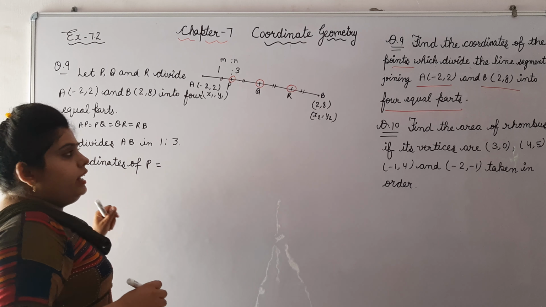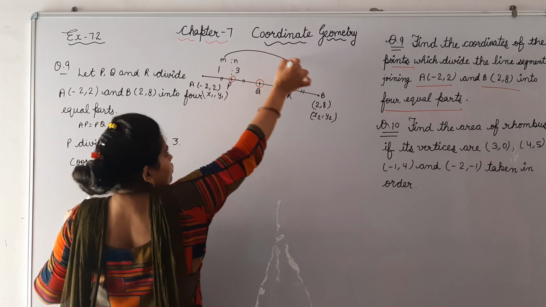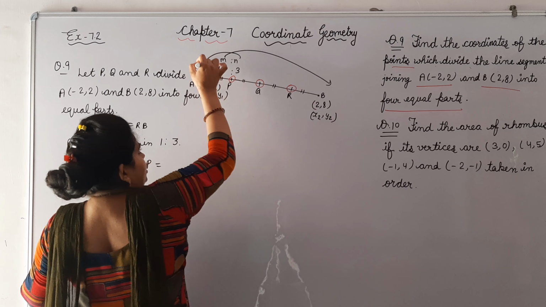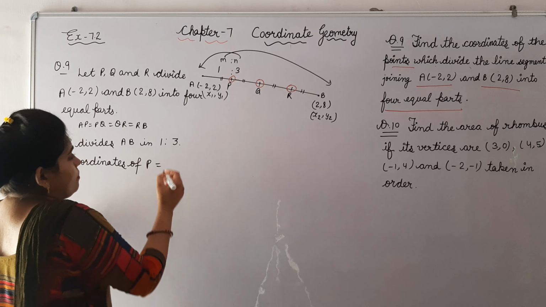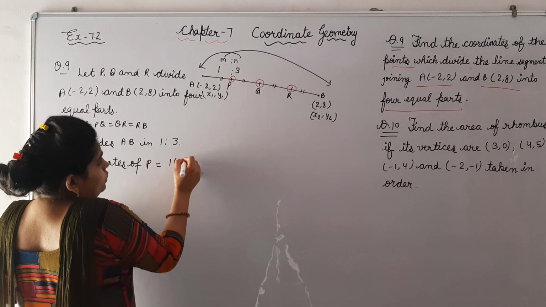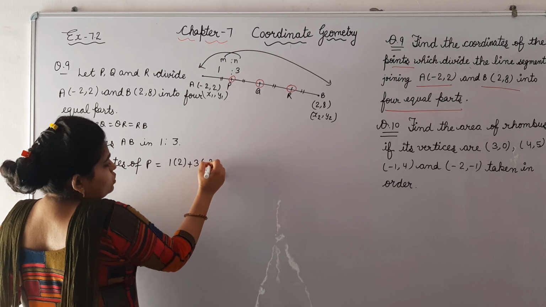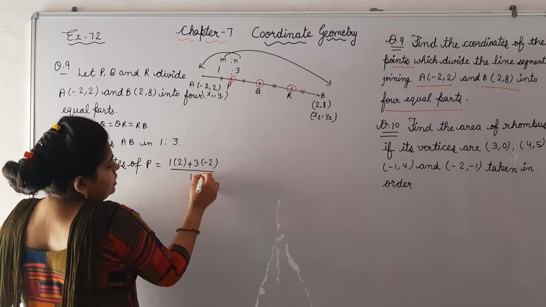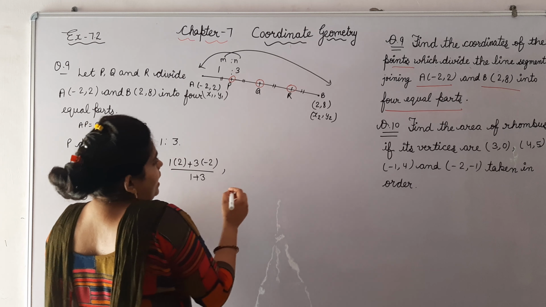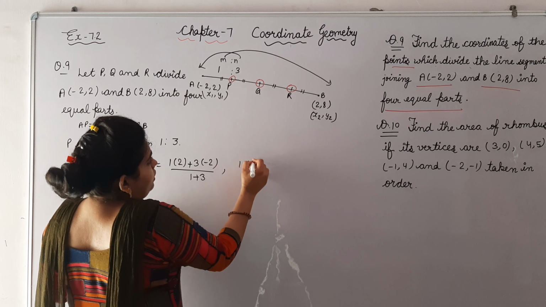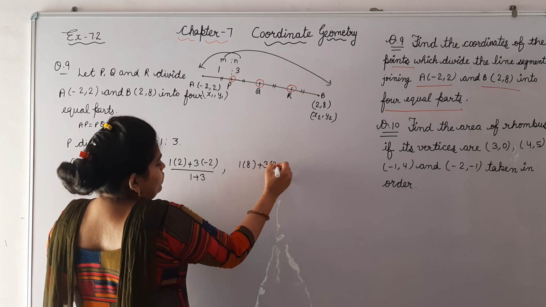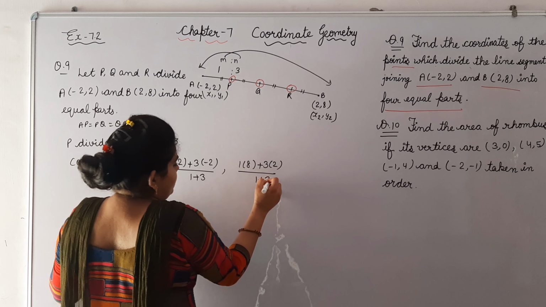So coordinates of P will be, we will do multiplication like this: 1 into 2 plus 3 into -2 divided by 1 plus 3. For y, 1 into 8 plus 3 into 2 divided by 1 plus 3.